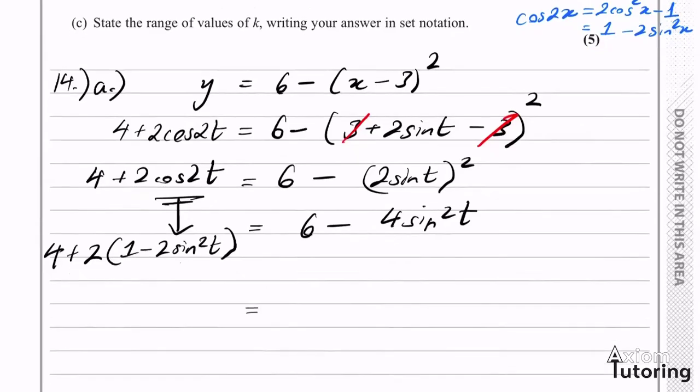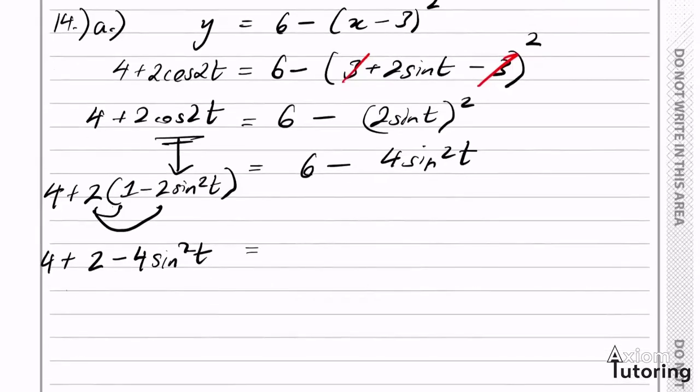So now let's multiply out what's on the left-hand side. So that's 4 plus 2 minus, that's 2 times minus 2, that's minus 4 sine squared t. So we can simplify a little bit by adding up 4 and 2 here. So that's 6 minus 4 sine squared t.